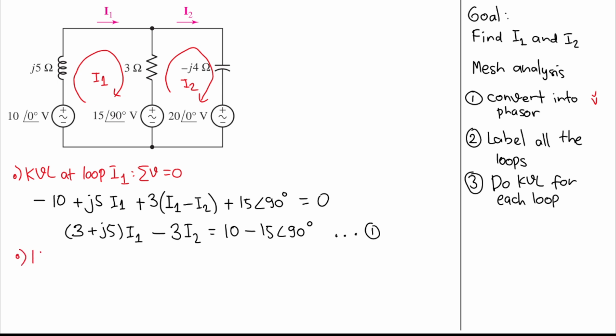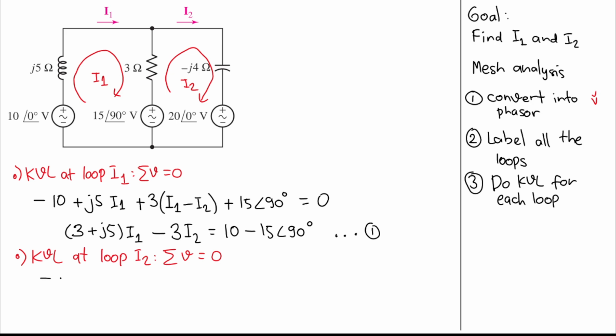We will need to do KVL at loop I2. KVL says that the sum of the voltages in a loop will equal 0. Let's start from this voltage source here. The current is flowing clockwise, so it goes from the negative terminal to the positive terminal.